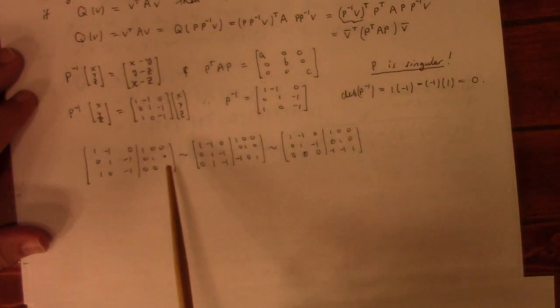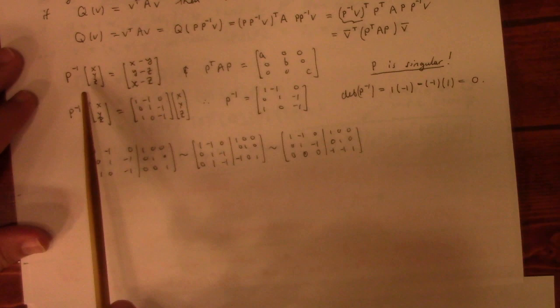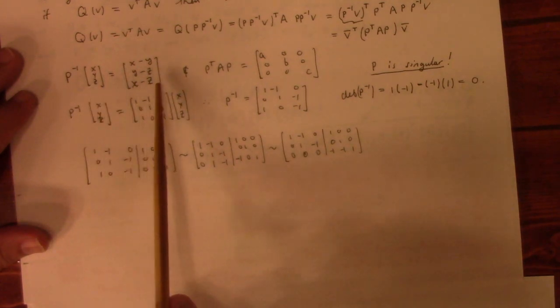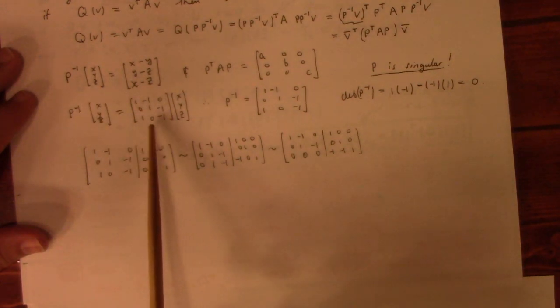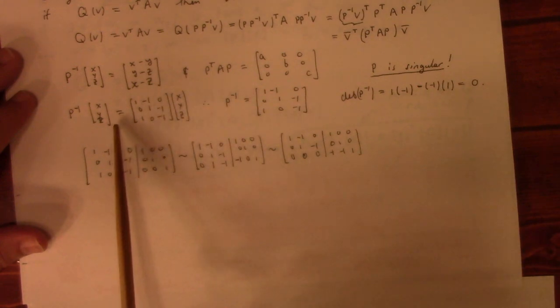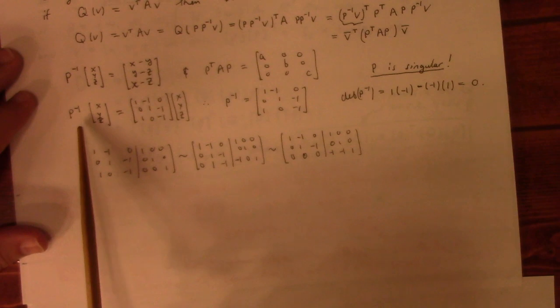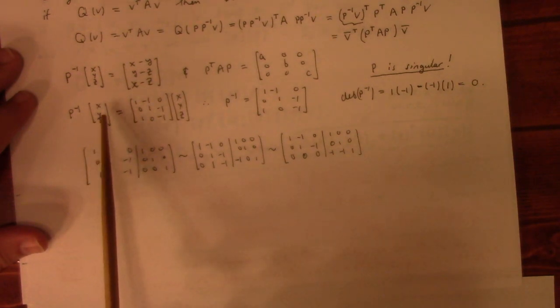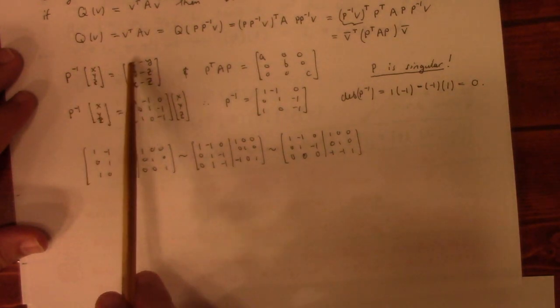So, look, if we think of there being a matrix such that that coordinate change matrix P inverse times (x, y, z) is equal to this (x minus y, y minus z, x minus z).